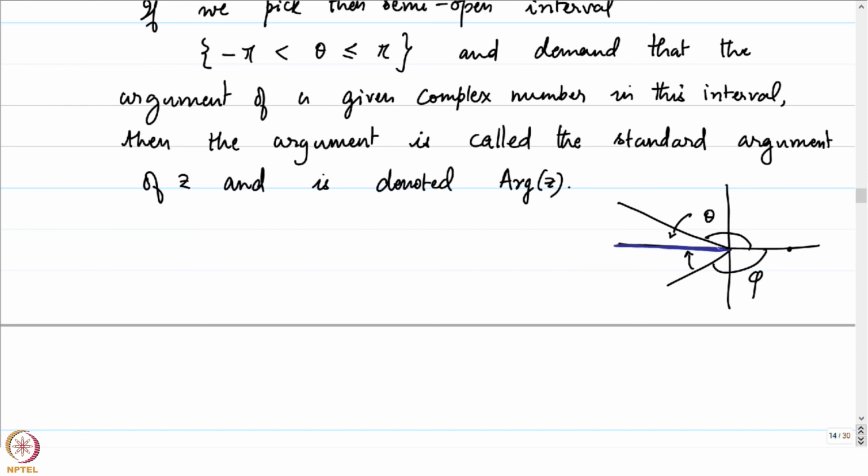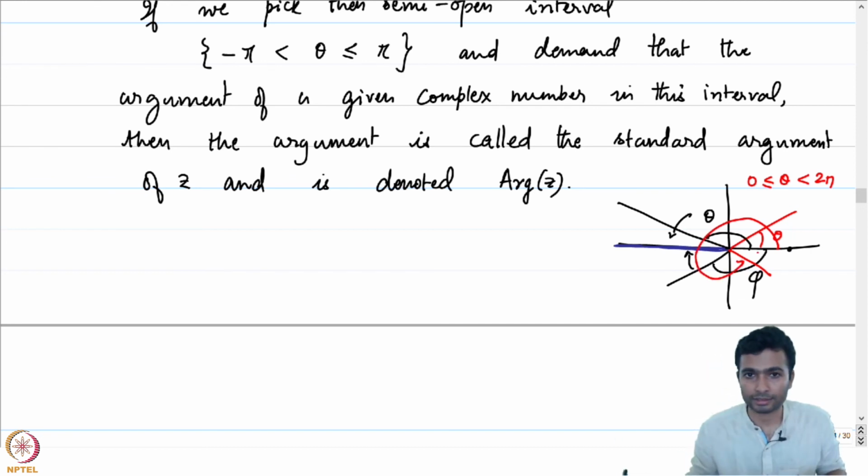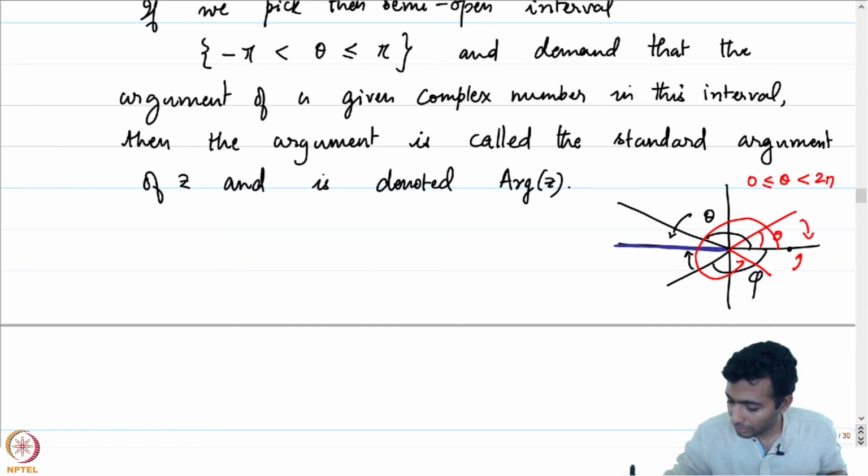This discontinuity on the negative real axis can be shifted by considering a different semi-open interval of size 2 pi. If we are to pick 0 less than or equal to theta less than 2 pi, then this will be our theta, and again the angle is going to be like this, and the discontinuity in this case will be on the positive real axis, because if you go in this direction, theta will converge to 0, and if you go in this direction, theta will converge to 2 pi.